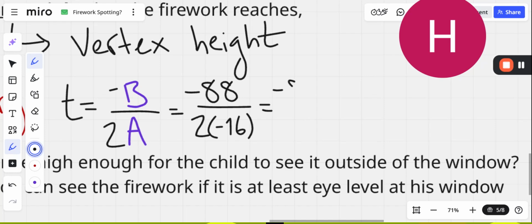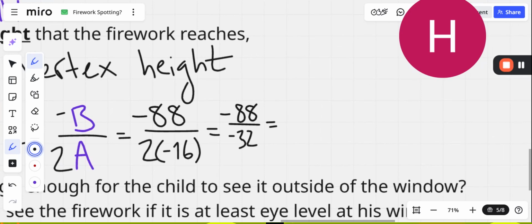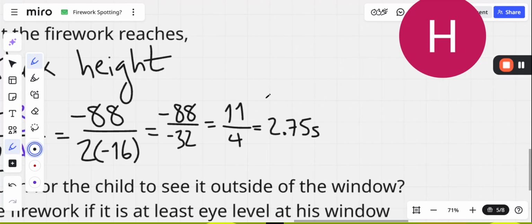So if we had a negative over a positive or a positive over a negative, that would not yield a positive. We can probably reduce these by 4. We can also reduce this by 8, and we're going to get 11 over 4, which is 2.75. Or if you like, 2 3/4 seconds. So 2.75 seconds later, that's when we reach our maximum height.